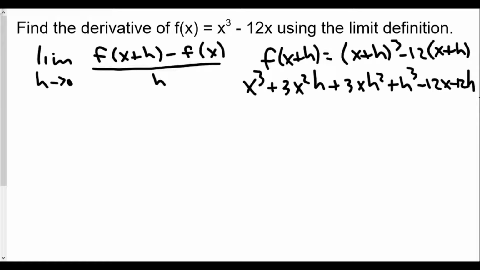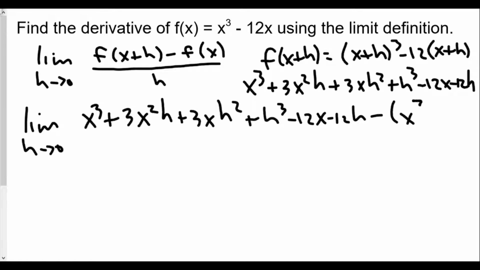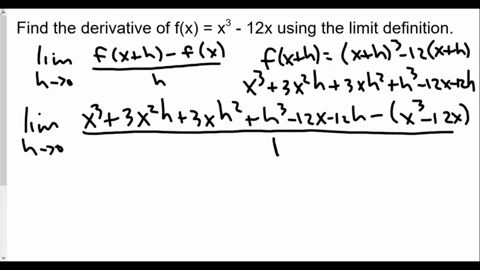So when we write everything out, it looks like this is the limit as h approaches 0 of x cubed plus 3x squared h plus 3xh squared plus h cubed minus 12x minus 12h, and then f of x subtracting, so minus parenthesis x cubed minus 12x, all over h.